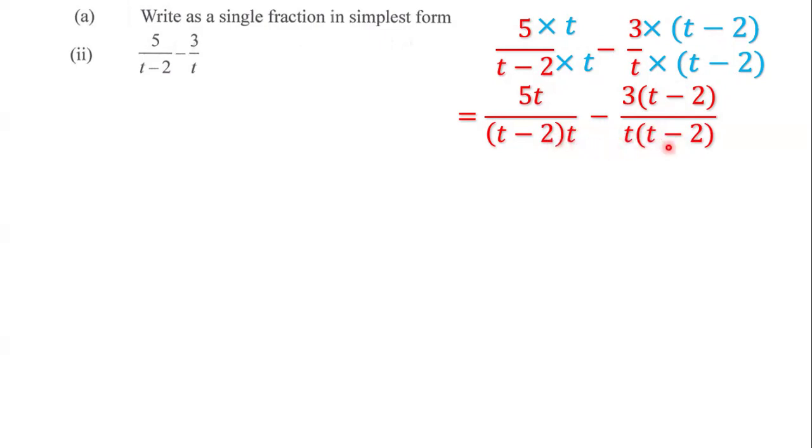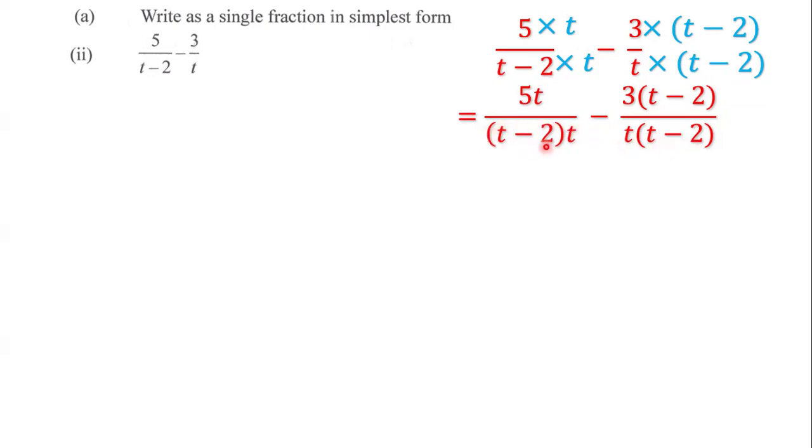Now, a person may ask, how are the denominators the same if t is on this side, but t is on this side? How are the denominators the same? Well, they are the same because multiplication is commutative, and so the order doesn't matter. If you put t minus 2 first and then t, or if you put t times t minus 2, the expressions are still equal.